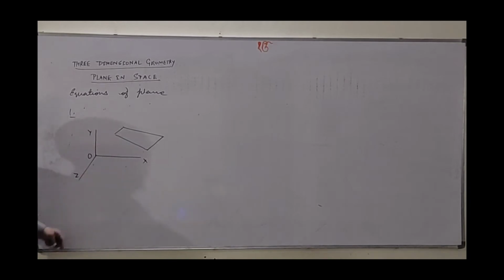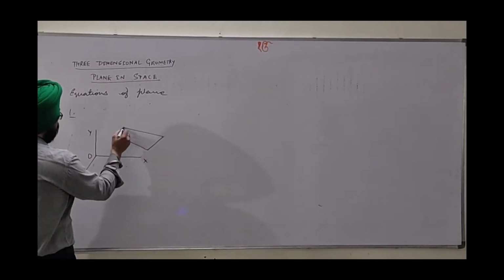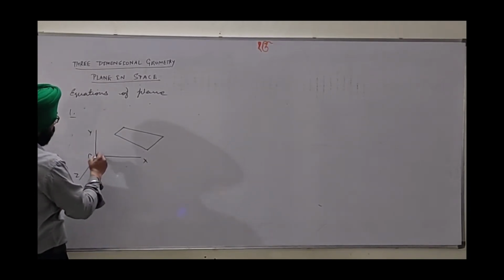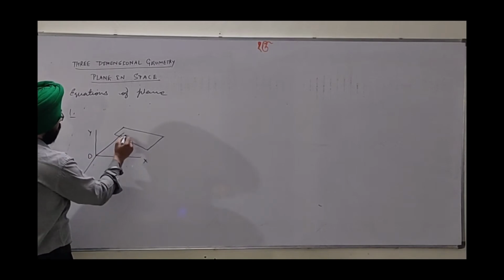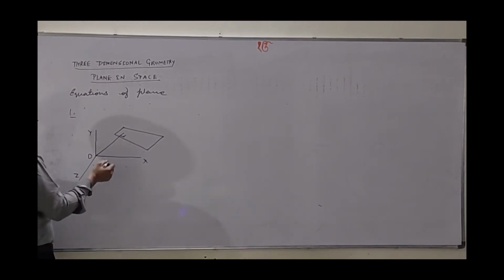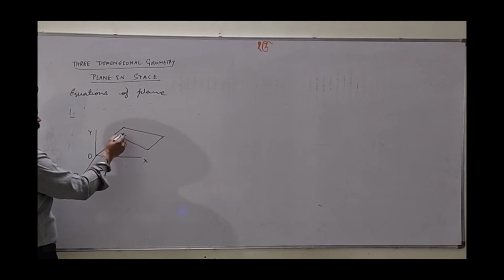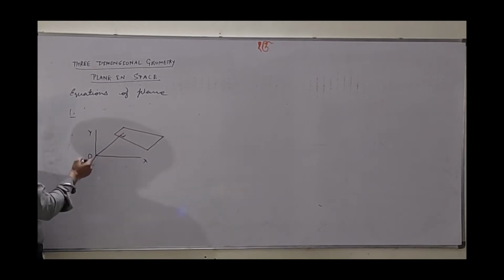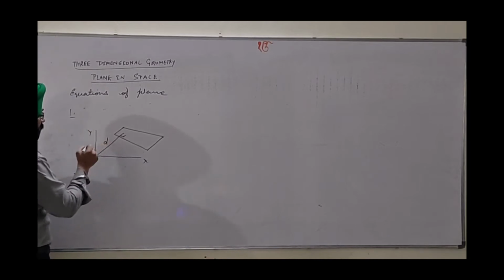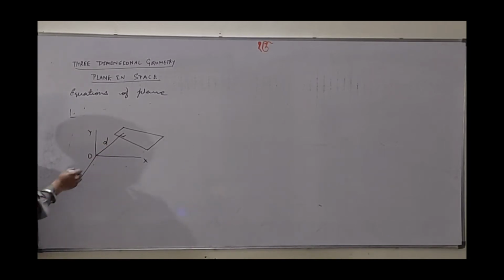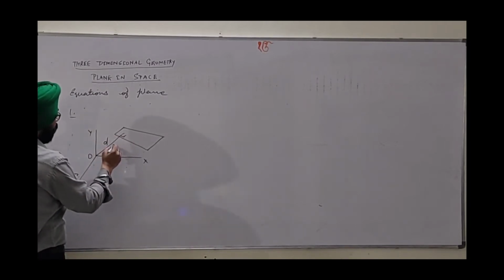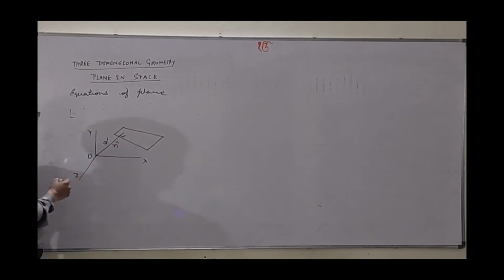Now the first condition we are going to consider is that we are given the perpendicular distance of the plane from the origin, and this distance is given as small d. Along the distance we are given n cap, the unit vector, to show its direction.